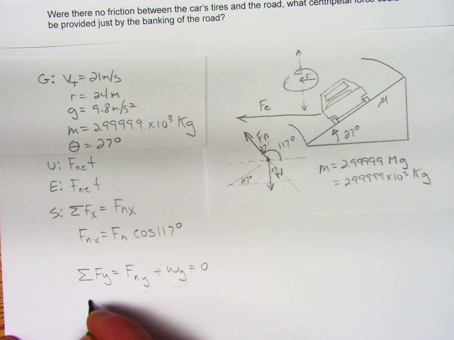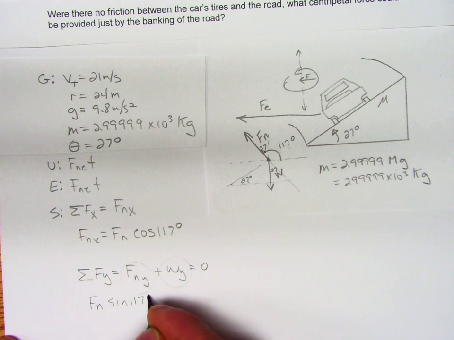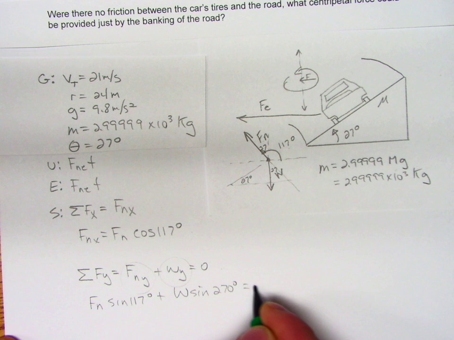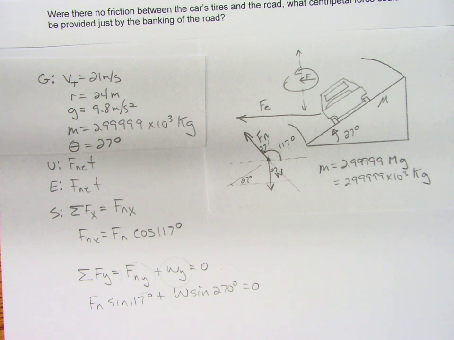So Fny is really Fn times the sine of 117, and the weight in the y direction is the weight times the sine of 270 degrees, and that adds up to 0. So if we take the sine of 117, we get 0.8910 Fn, and the sine of 270 is -1, so this is minus W equals 0.